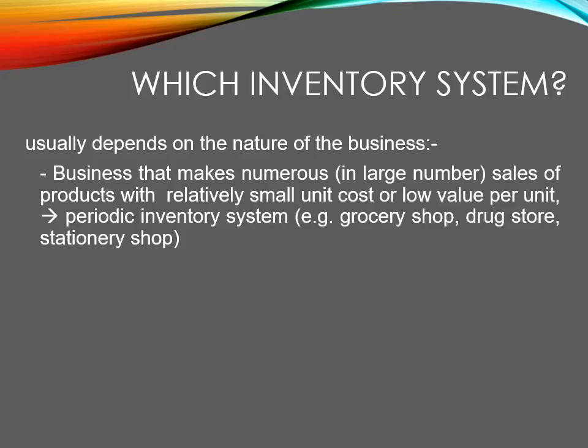If the business makes numerous sales, in large number, of products which have a relatively small unit cost or very low value per unit, for example the grocery store or kedai runcit, this nature of business has many products, a large variety of items in the shop, and low value per item.